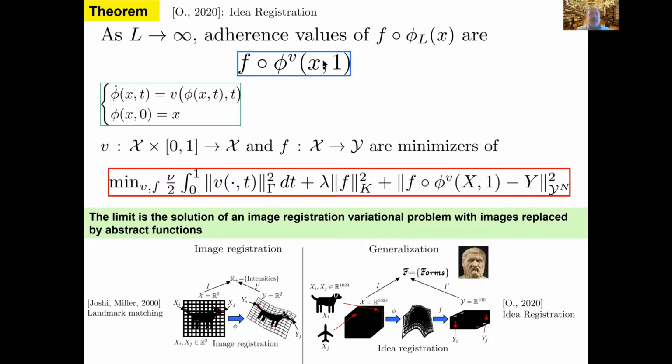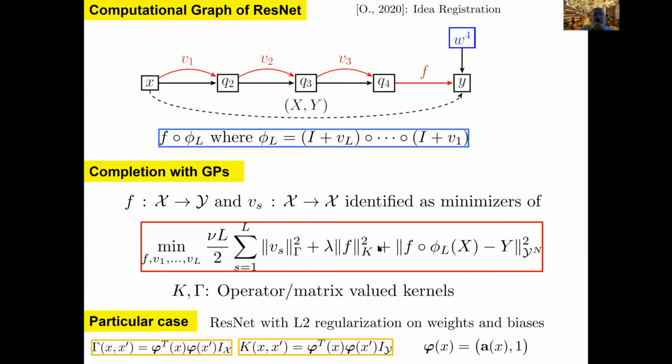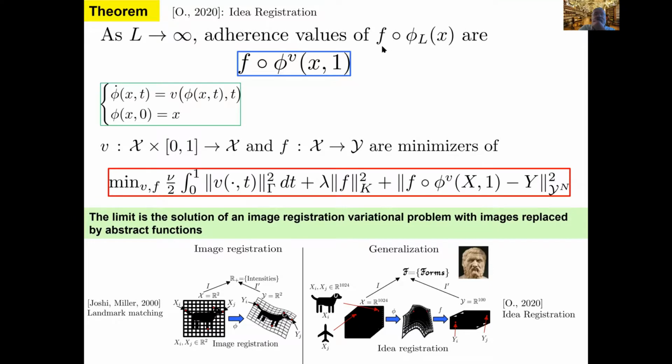Now, we have the following theorem for the general case. As the depth L of the discrete network goes to infinity, the adherence values of the regressor obtained by minimizing the previous loss are of the form f composed with phi1, where phi is the flow map of the vector field v, t is a continuous parameter indexing the depth of the limit network, and v and f are identified by minimizing the following continuous loss.